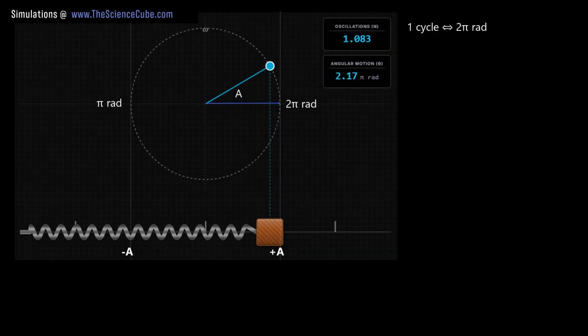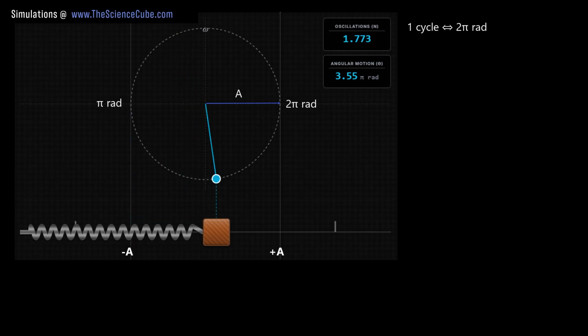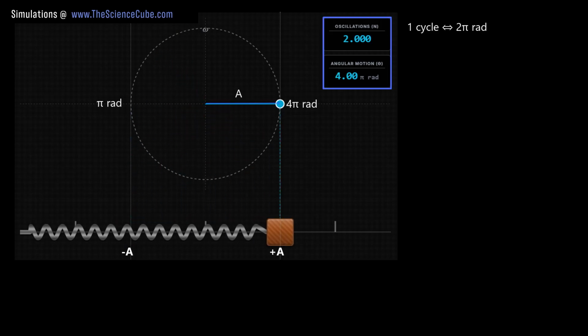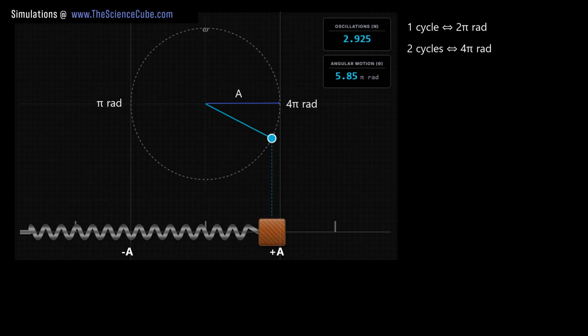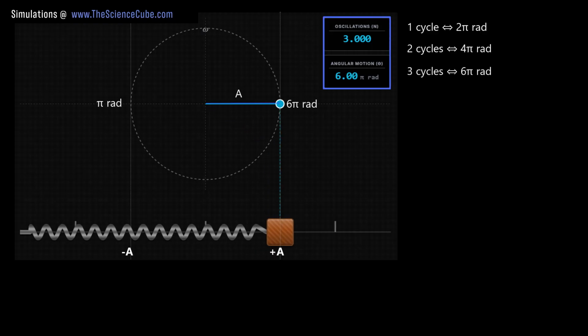Now it is simple. If the mass completes 2 cycles, the dot completes 2 full circles, that is 4 pi radians. If the mass completes 3 cycles, the dot covers 6 pi radians. So we can say in general, number of cycles times 2 pi is equal to angular displacement in radians.